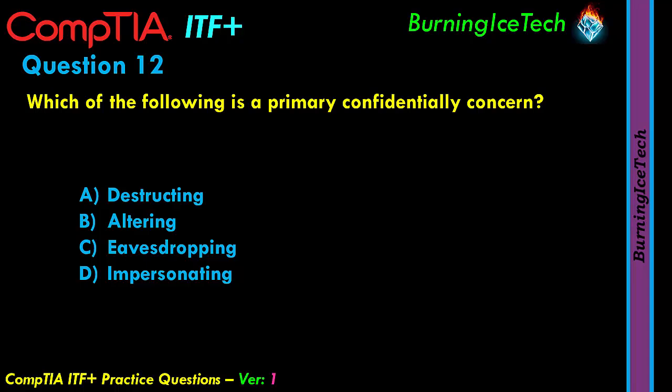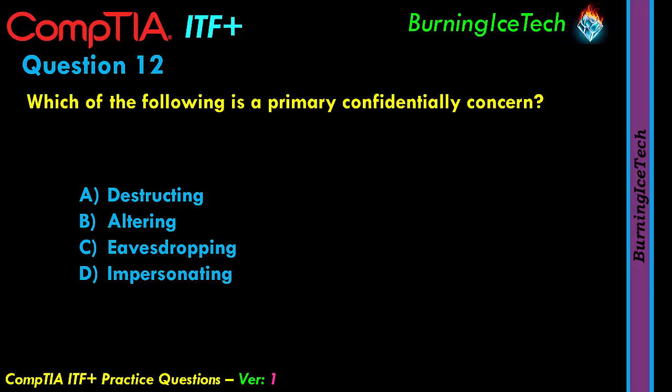This could be because they're using something like a packet sniffer, if you have an idea what that is. If you don't, don't worry about it. It's not something you need to know in this course. All you need to know is it's a special kind of software which allows them to, digitally speaking, listen in on your traffic, and they can basically see what you're doing. So C is very plausibly the answer here, folks. Looking at D, impersonation. No.